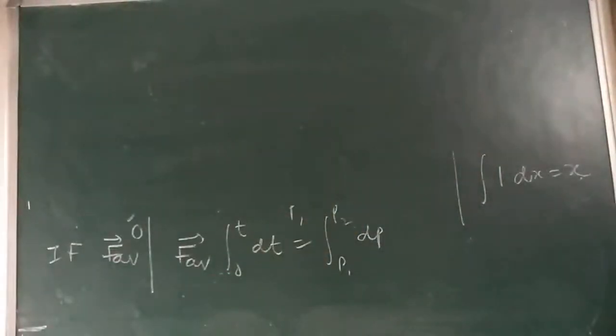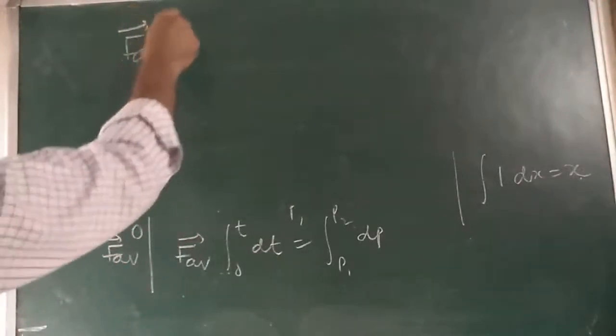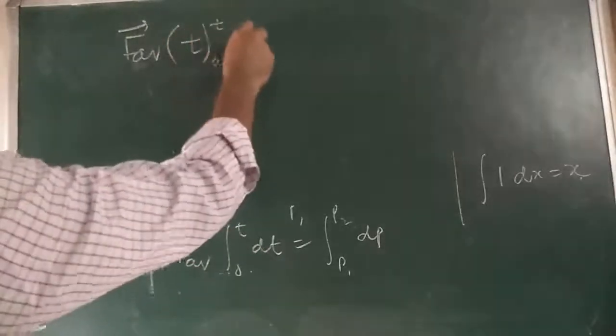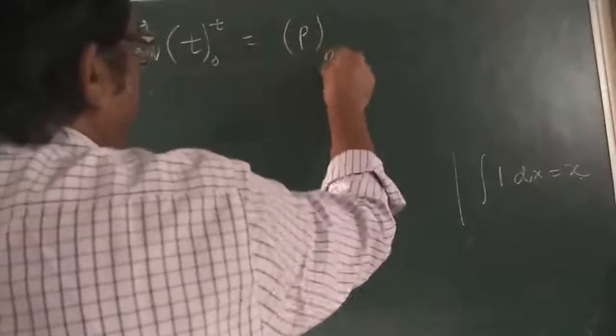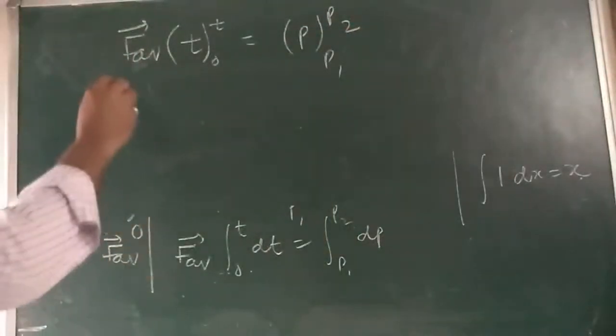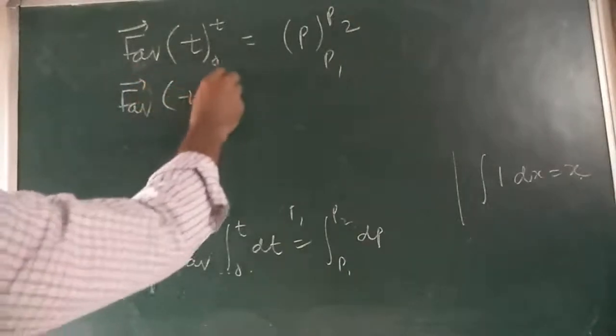So I can write here F average times the integration of dt is t with the limit 0 to t, and the integration of dP is P with the limit P1 to P2. Open the limit: that is t minus 0.